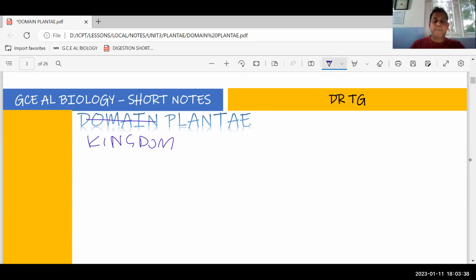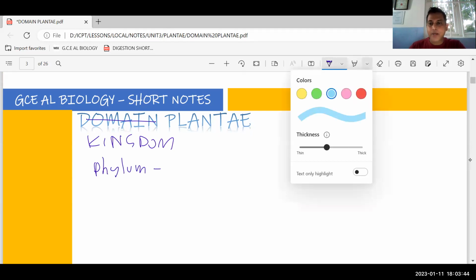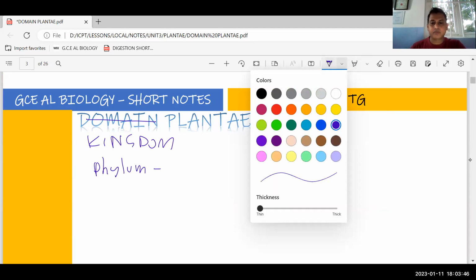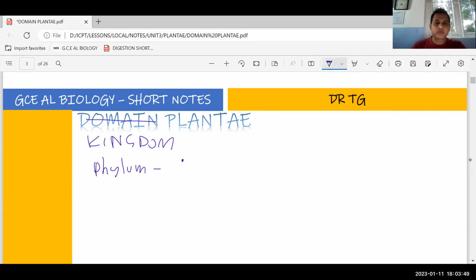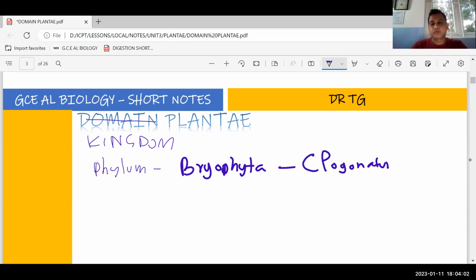The first phylum is Bryophyta, and the plant that comes under this phylum is Pogonatum. Right. Let's see a picture of how it looks. So I'm going to share.